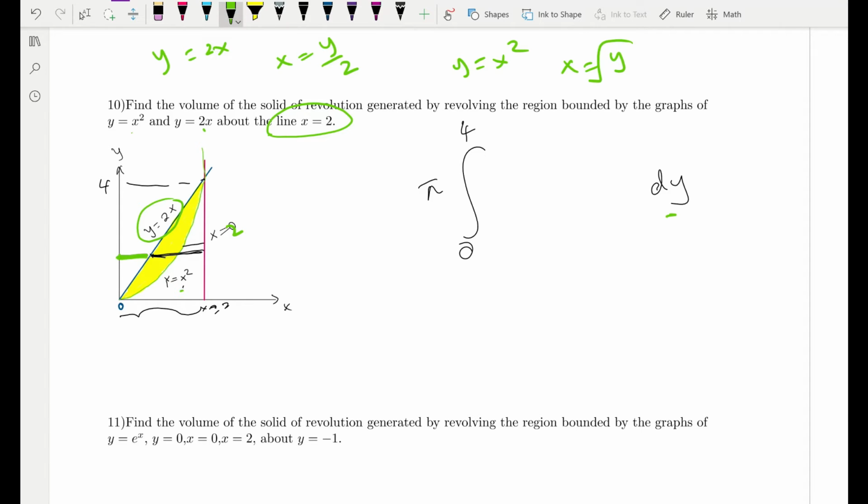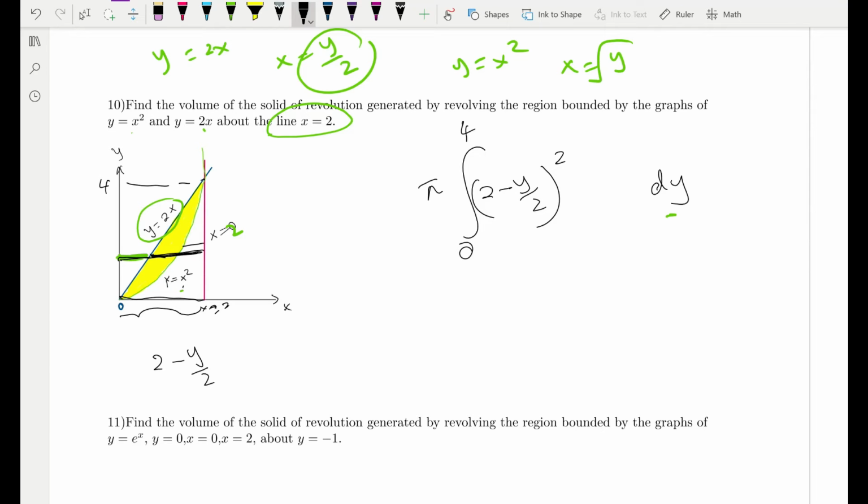So this distance is y over 2. So the radius is 2 minus y over 2, so it's (2 minus y over 2) squared. That's the first radius squared. The total length is 2 and this distance is y over 2, so you subtract to find the radius, the distance from the line that you're rotating to the longest function.